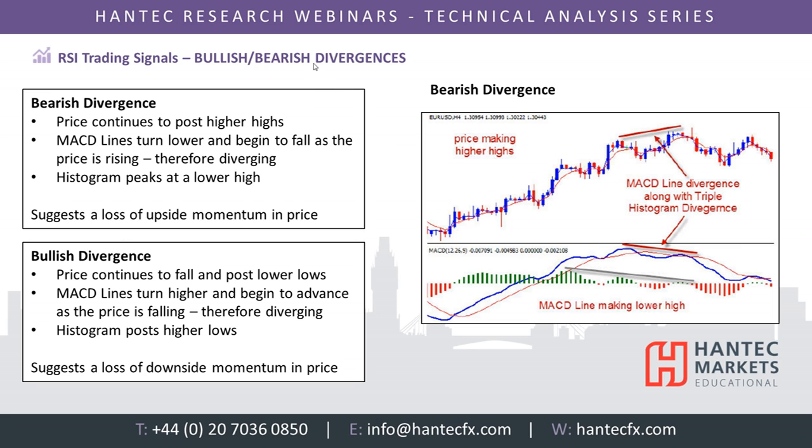The ideal scenario would be where you get two peaks, where your first peak in the price is beaten by the second peak at a higher level, but your second peak in the MACD lines is lower than the first peak. And as you can see here, you do get your divergence coming through. The opposite of that is your bullish divergence, when you see the price making lower lows, but then your MACD troughs are actually beginning to pull higher.